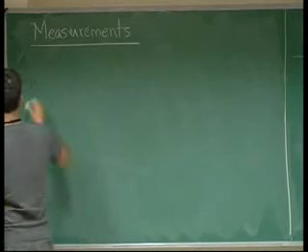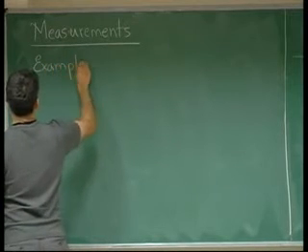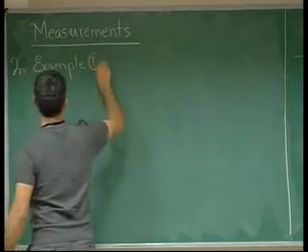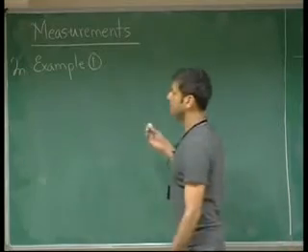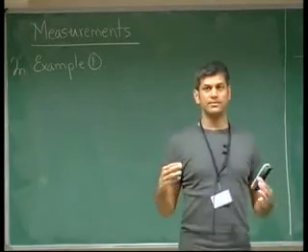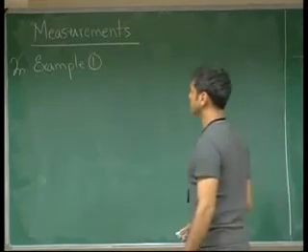In our example, the very first one, where we had this joint state of two qubits, we observed the state of the first qubit, or the second, I forget which one, in a particular basis.